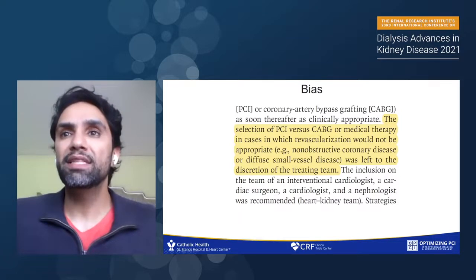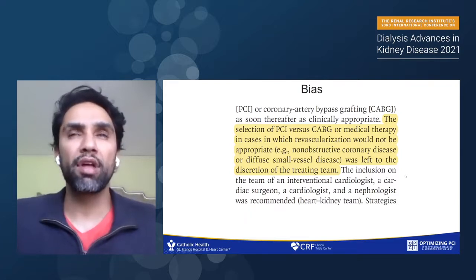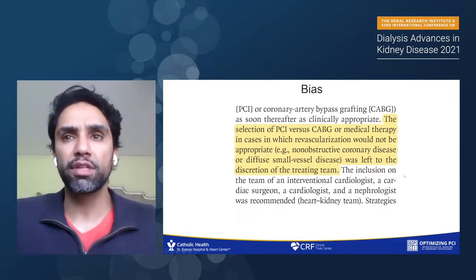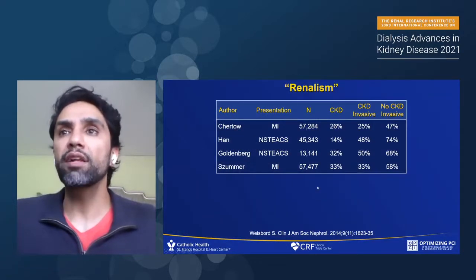The selection of PCI versus CABG, or medical therapy in cases in which revascularization would not be appropriate, was left to the discretion of the treating team. That means if the operator thought, I don't really want to harm this person, I'm not going to enroll them and I'm not going to put in stents. And this is the concept that I mentioned to you before of renalism.